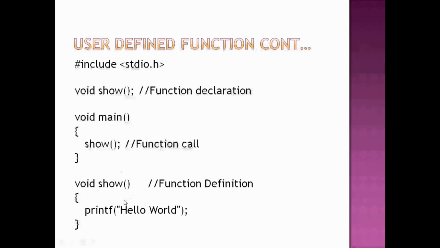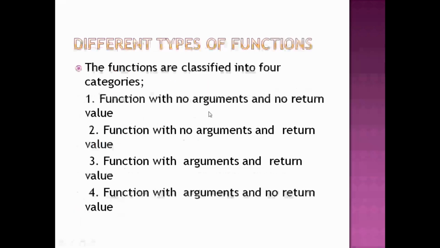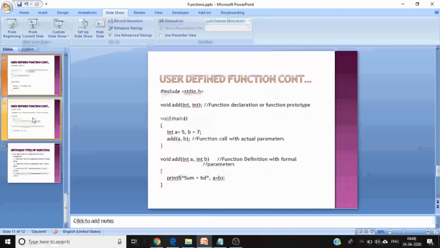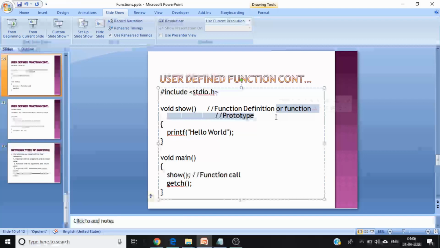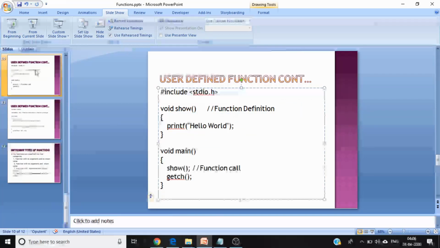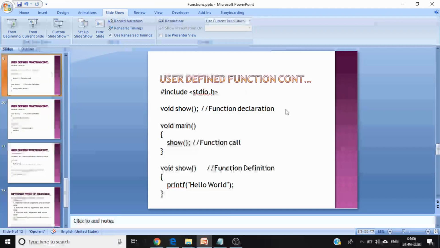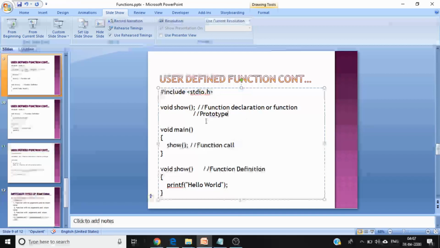So in the first slide I have written the function after the main, and in the second slide I have written the function before the main. If you are writing the function before the main, then this is not the function prototype. This is your function definition. And this one is the function declaration or function prototype.